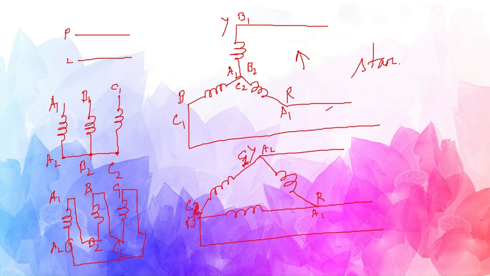Now this C2 is connected to whom? B1. So this will be B1, and naturally this will be B2. So check, A1 is connected to B2, right? So this is how we need to form star or delta.